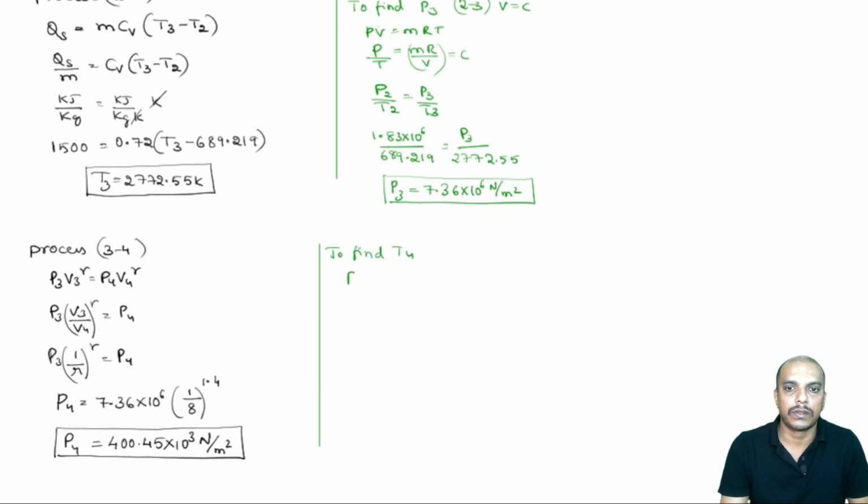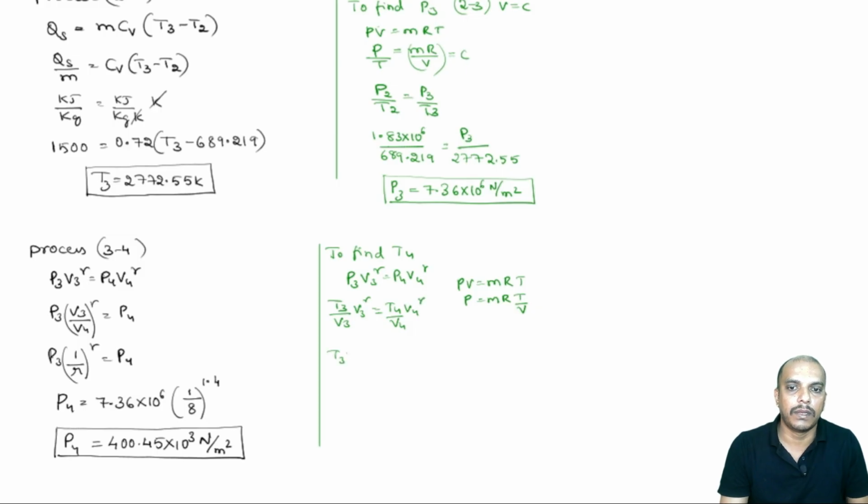So the same process to find T4. P3 V3 power gamma is equal to P4 V4 power gamma, and we are eliminating pressure. In place of pressure, we can write MRT by V. So that will be T3 by V3 times V3 power gamma is equal to T4 by V4 times V4 power gamma.